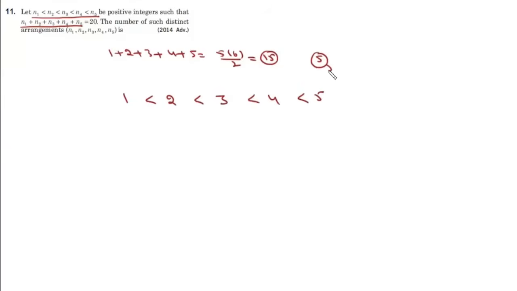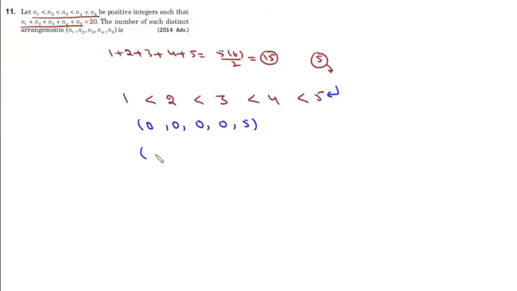Now we need to add 5 to these numbers such that n1 + n2 + n3 + n4 + n5 becomes 20. One possibility is when this 5 is added to the last 5 itself, so we have added 0, 0, 0, 0, and 5.